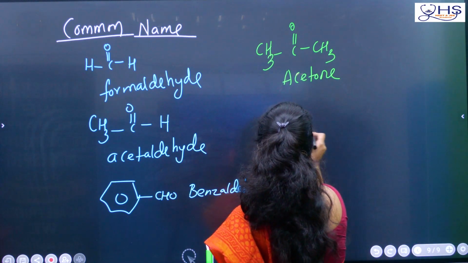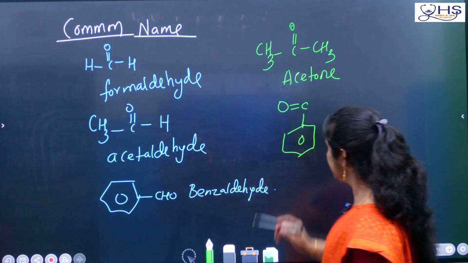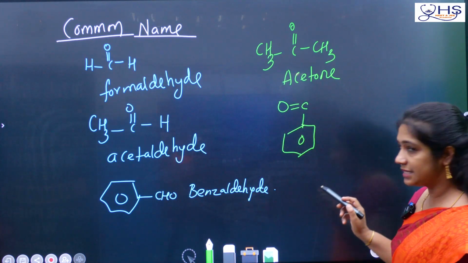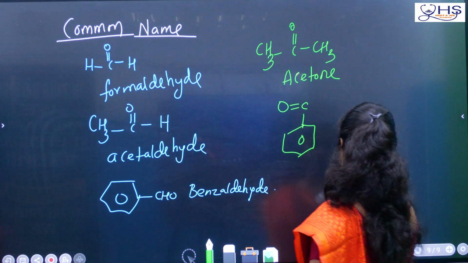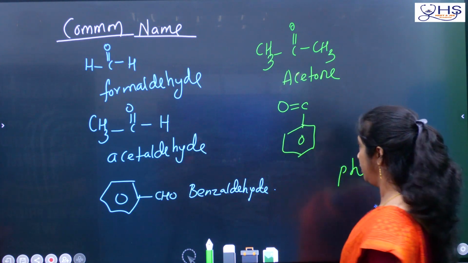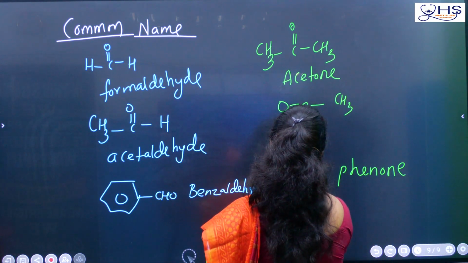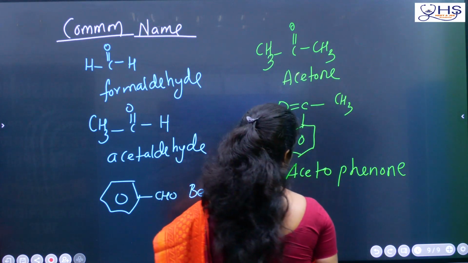Now, if I am writing a benzene ring with C double bond O, this part alone, for ketone we will use the term phenone. For example, if I write CH3 over here, it becomes acetophenone. It is known as acetophenone.